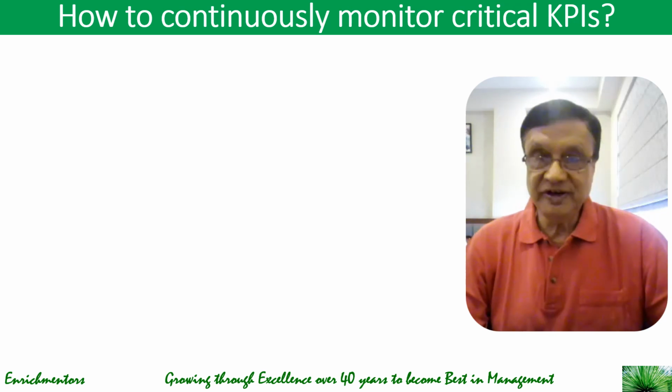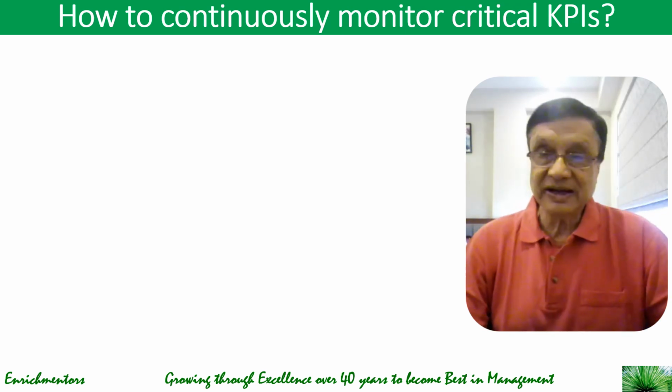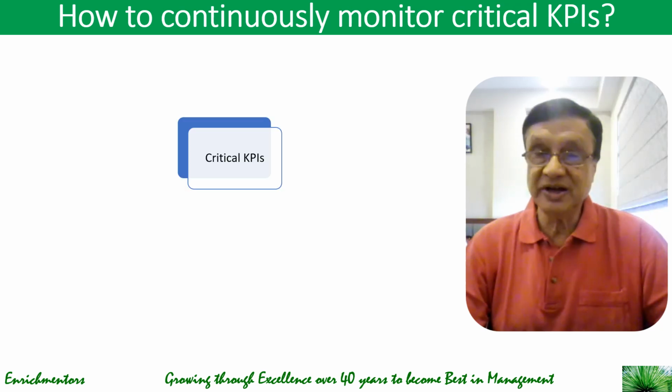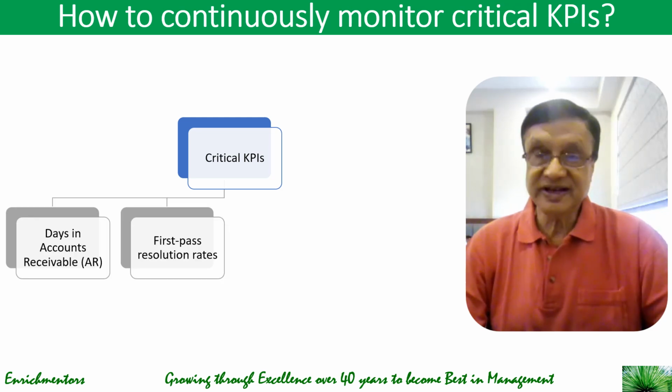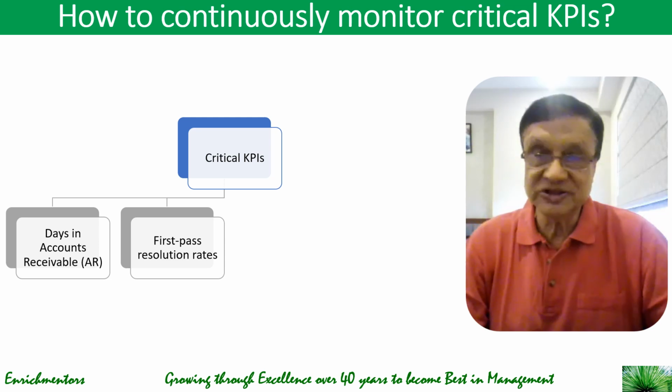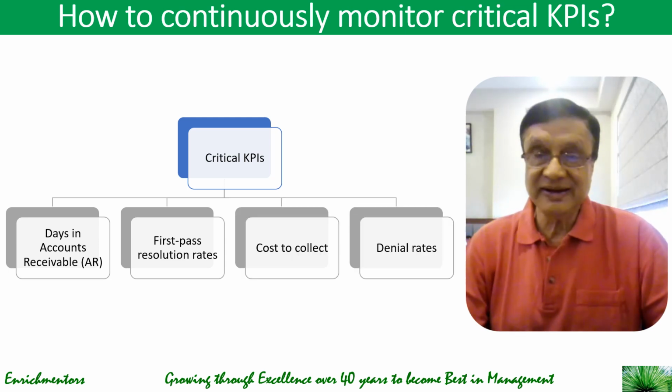And before we take a look at the approach, let's align on what are the KPIs we are talking about. So the critical KPIs are, first, accounts receivable, AR days. Second is the first pass resolution rate. You must be familiar with that by now. Cost to collect and the denial rate. Now these are important for an effective RCM process.